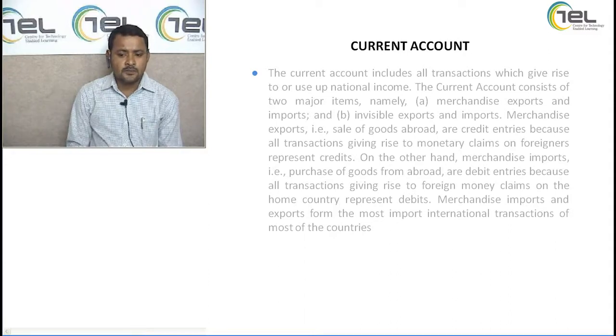In case of merchandise exports, the credit entries arise because of sale of goods abroad. When you export goods, that is a credit entry, because you will have a monetary claim on foreigners.